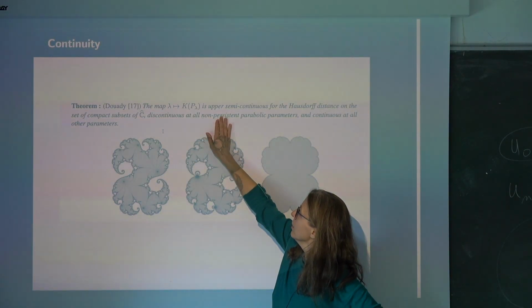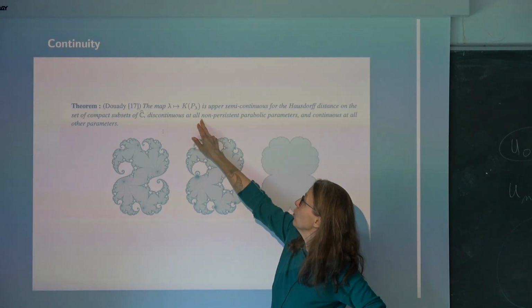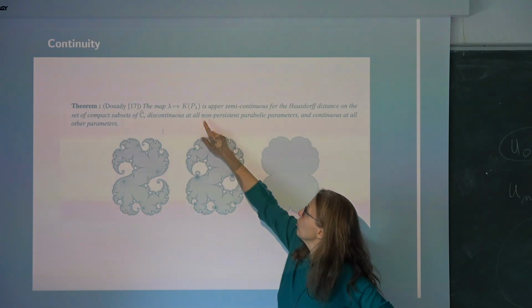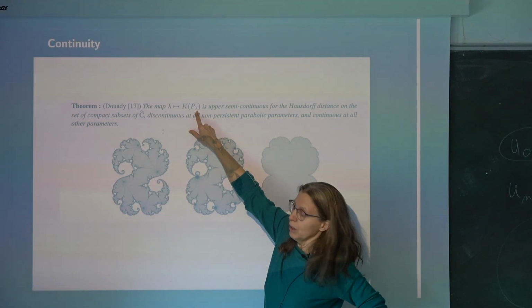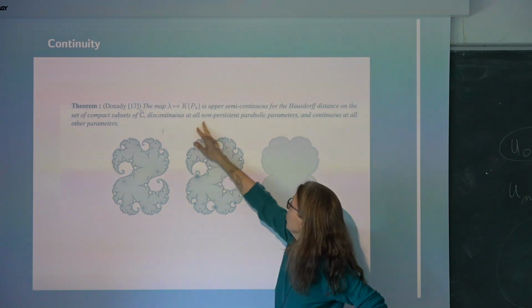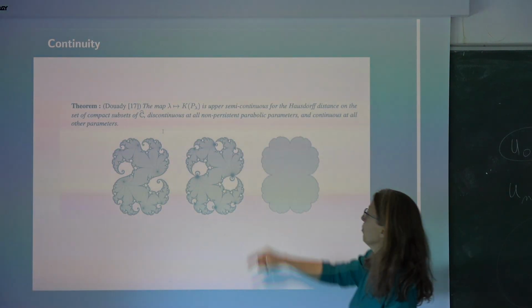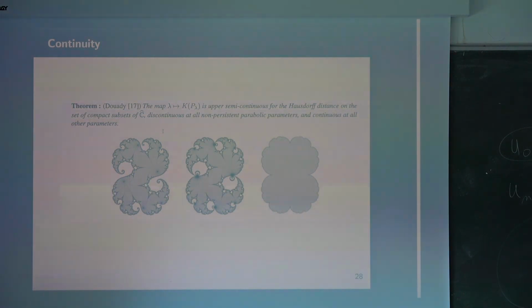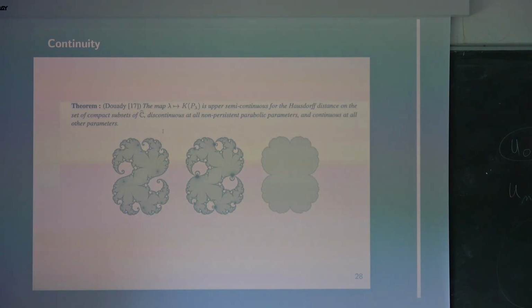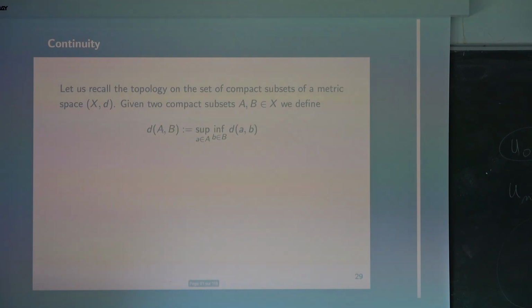And if you have a higher degree, the parabolic point could be persistent, but you want to perturb so that the parabolic point breaks. So it's discontinuous if you have a parabolic point, and it's continuous at all the other parameters. So the parabolic points are really the points creating discontinuity. Okay, so I will explain quickly what this is.